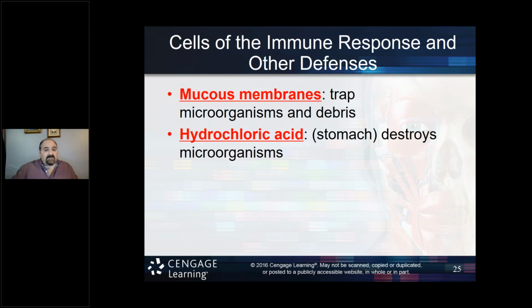Mucous membranes, the hydrochloric acid of the stomach, we've mentioned this already, right? The mucus is sticky, and that stickiness will help to trap microorganisms and debris, and even allow for contact with your tonsils to start the whole immune response. The hydrochloric acid is very acidic. It's involved in the beginning of protein digestion, as well as the destruction of microorganisms that do not tolerate the acidic environment.